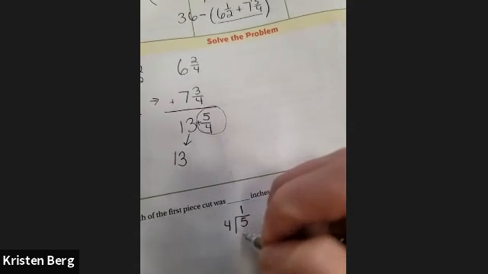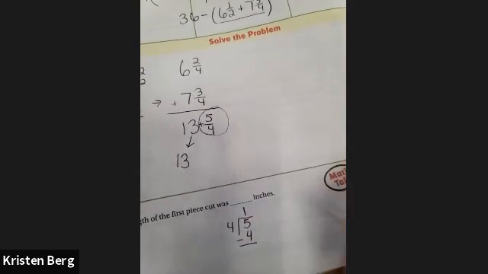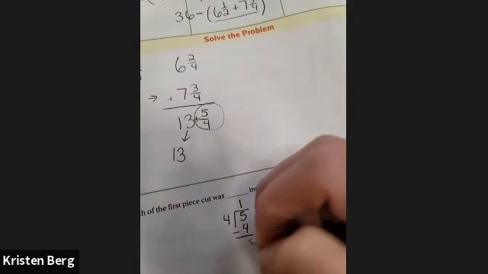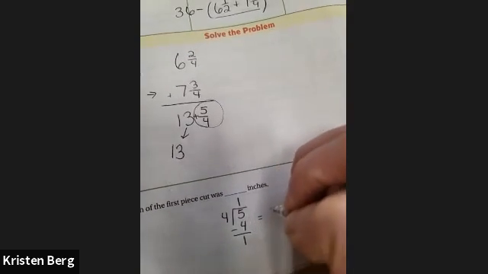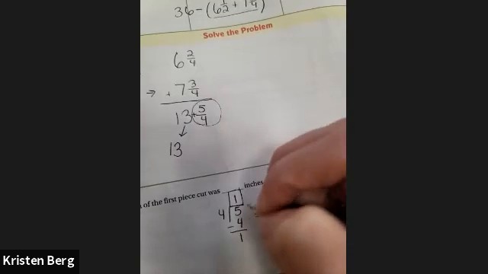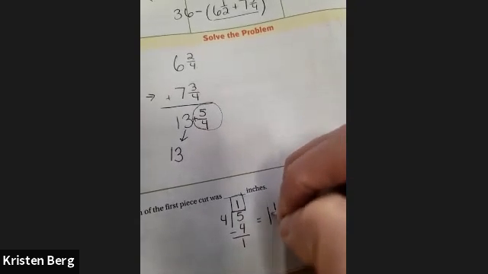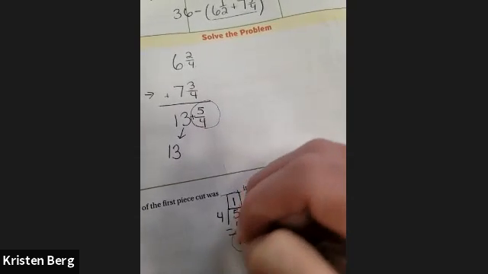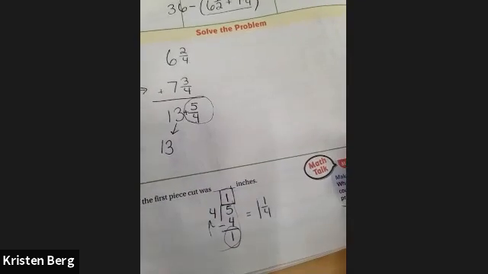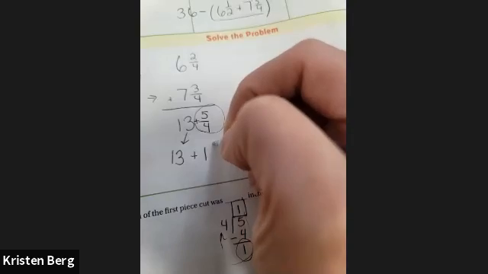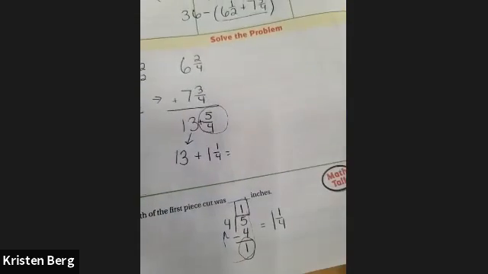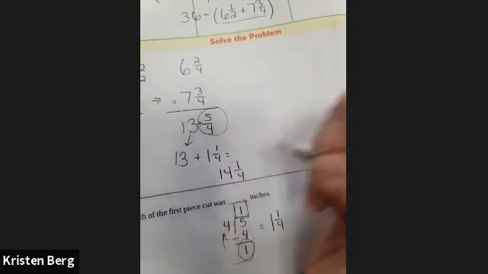That would be 1. 1 times 4 is 4. Subtract, that would be 1. So therefore, my mixed number here would be 1 and 1/4. So plus 1 and 1/4, that comes out to be a total of 14 and 1/4.